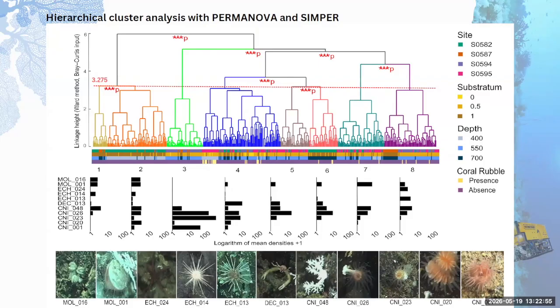But here, instead of going for a statistically significant clustering number, we used the ecological significance of the clusters. The statistically significant number of clusters was around 6, but we went for 8 clusters just for the ecological significance. And you can see that a limited number of taxa are contributing to the dissimilarity within these clusters.